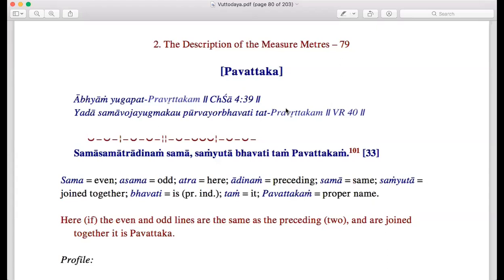Also in the verses, you can shorten the long vowels sometimes. So in that sense we can consider that there can be this form as adinaṁ, genitive plural.